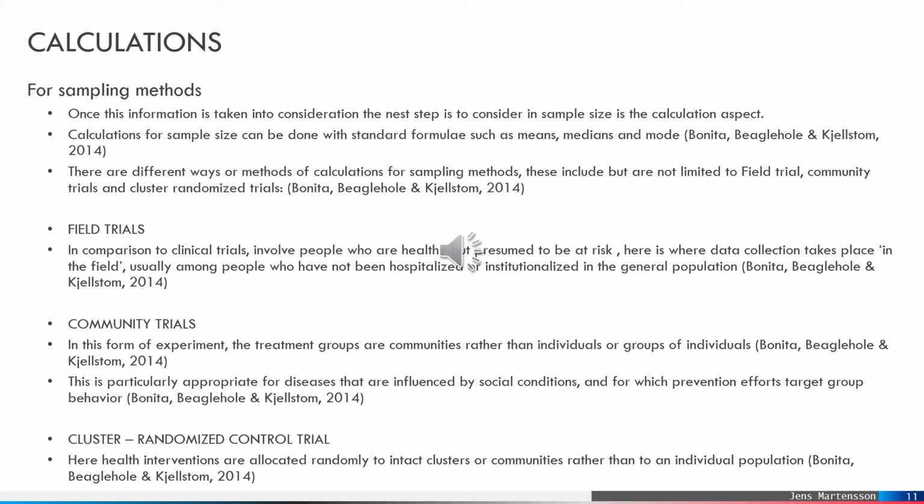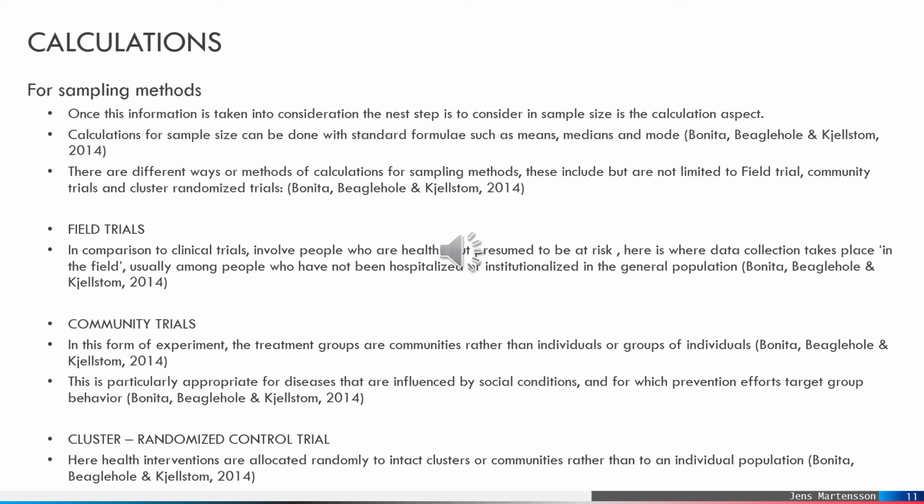Field trials, in comparison to clinical trials, involve people who are healthy but presumed to be at risk. Here is where data collection takes place, in the field, usually among people who have not been hospitalized or institutionalized in the general population. Community trials. In this form of experiment, the treatment groups are communities rather than individuals or groups of individuals.